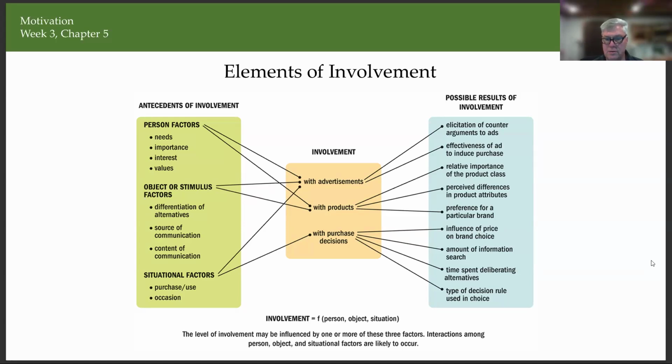Oh my, I didn't know that was available. I need to research that more, and that will lead to that consumer buying it. You move on down the line and you see all the different results of involvement. And this again gets into how the advertisements, the products, and purchase decisions are impacted by each of these.